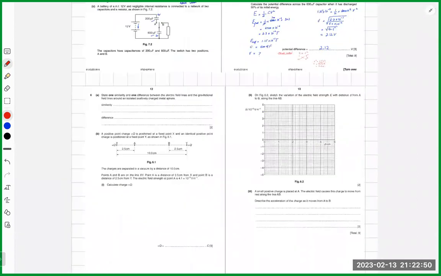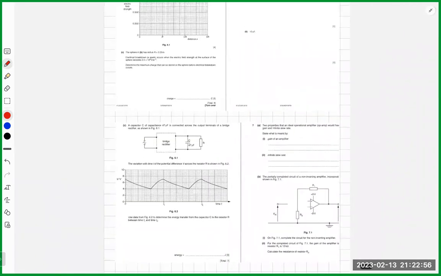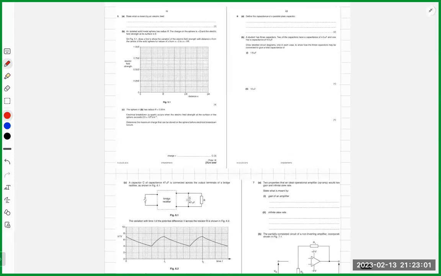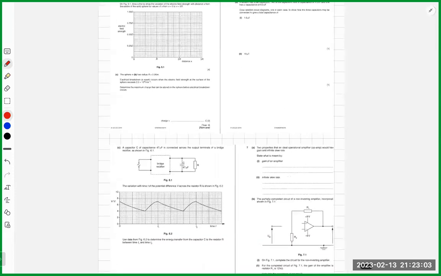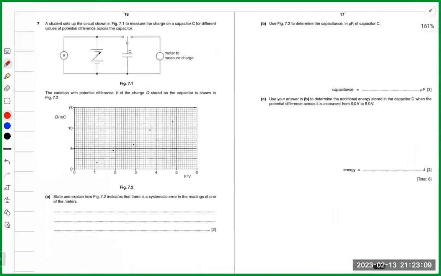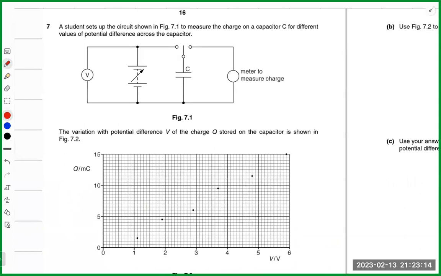Now, let's do another capacitance question. Here we go. Here is a question. A student sets up the circuit shown in figure 7.1 and measures the charge on the capacitor C for different values of potential difference across the capacitor.